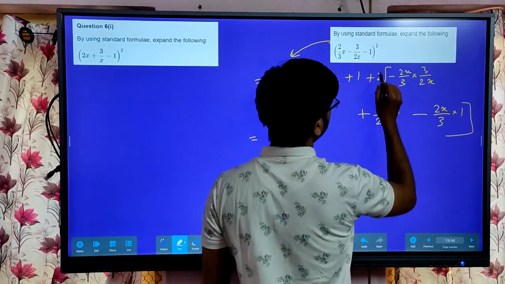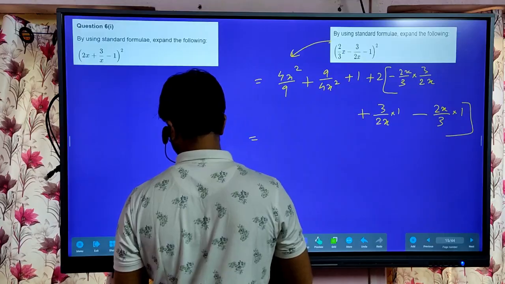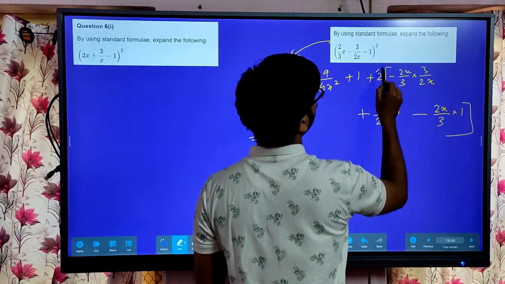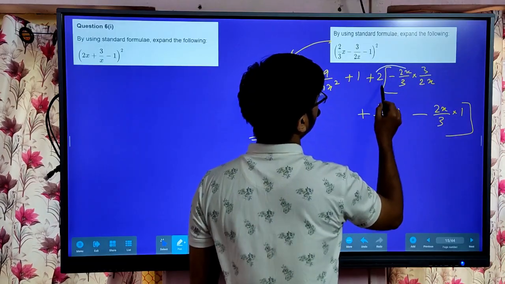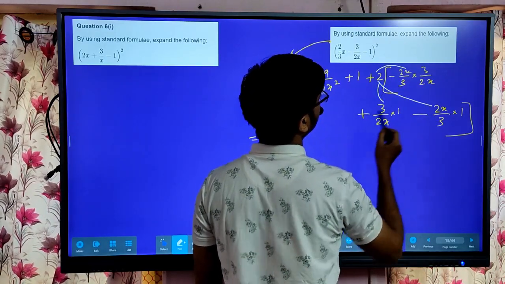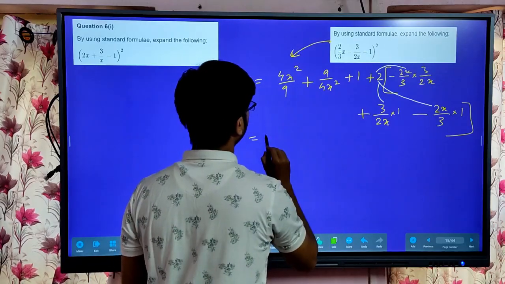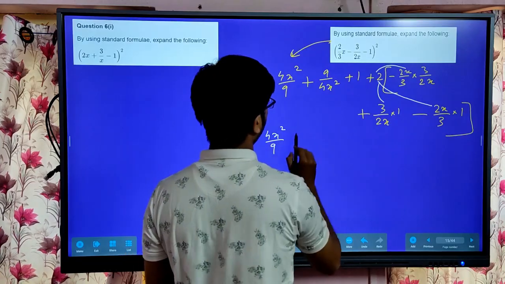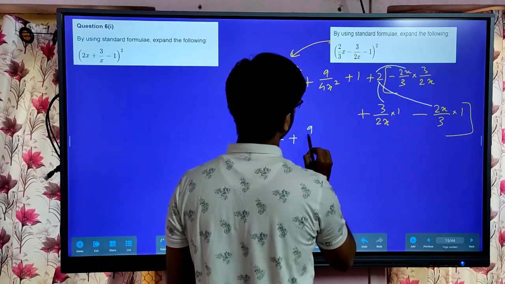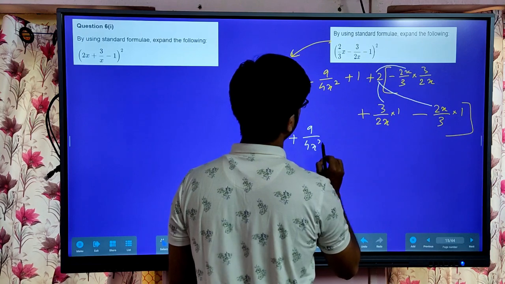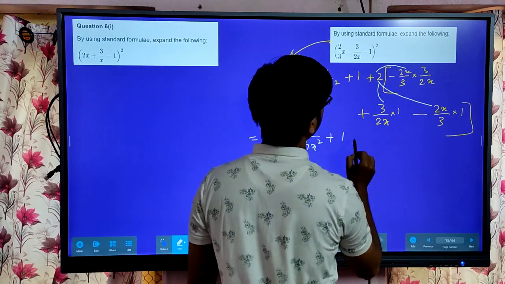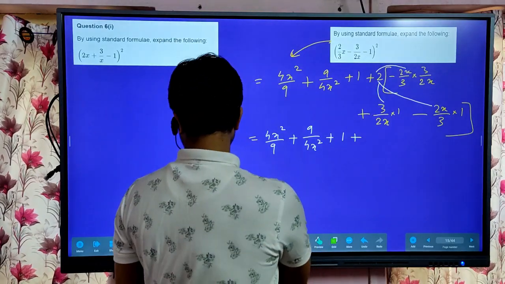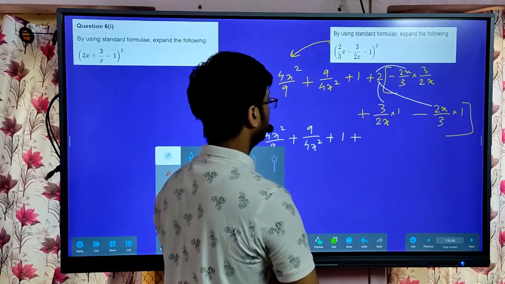This will get multiplied like this: 2 into this, then 2 into this, and then 2 into this. So you see what happens, it will be 4x square by 9 plus 9 by 4x square plus 1 plus. Let me see what it cancels. Is there any possibility of cancellation? Yes, there should be.